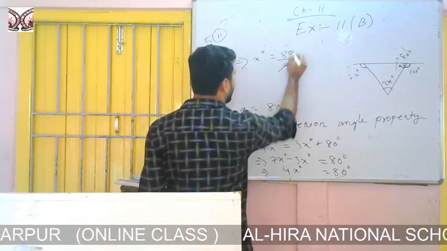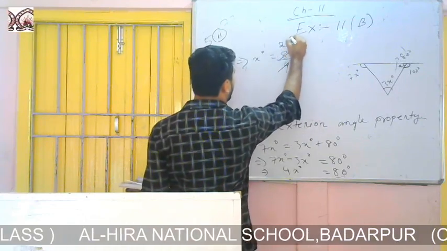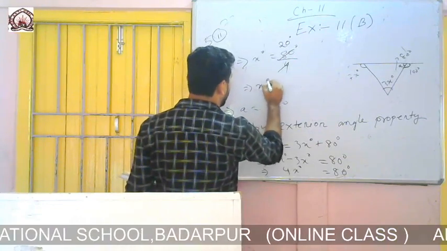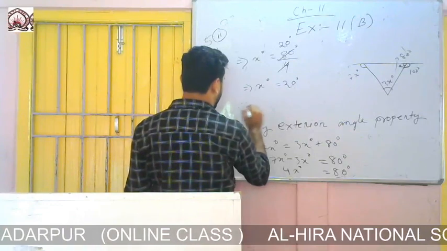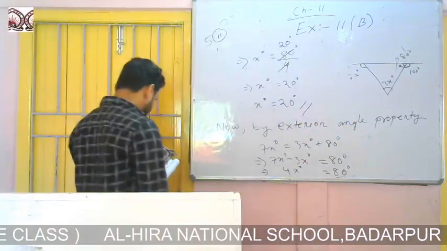Now if I cancel, then 20 degrees. 4 2s are 8. Therefore x degrees equals 20 degrees. That is the answer.